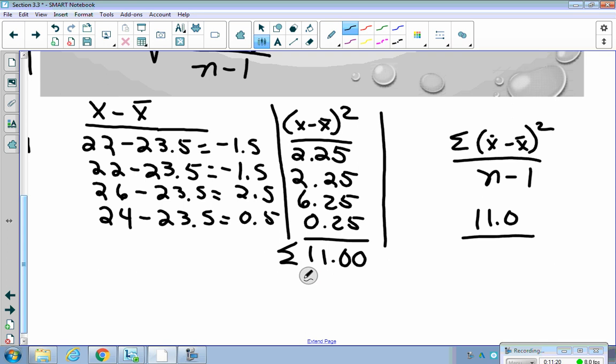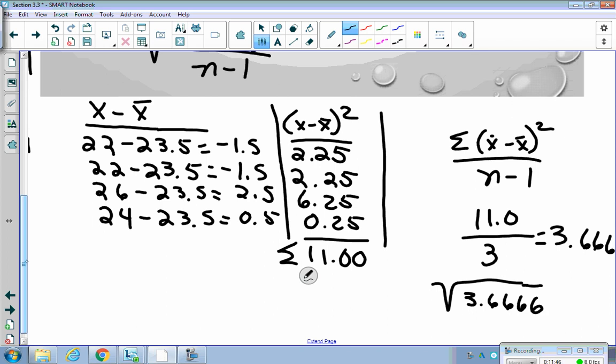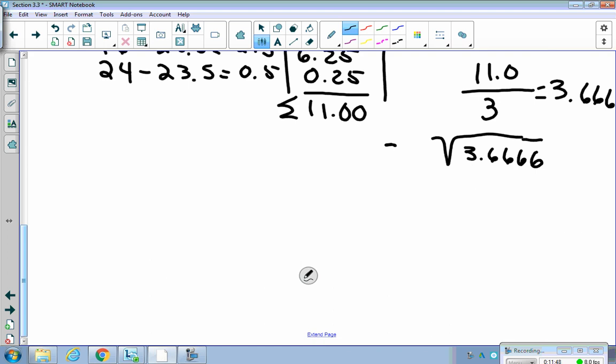So 4 minus 1 is 3, okay. But lastly, what do I have to do? Take the square root. And when you do that, what do you get? 1.9. And did you round that?